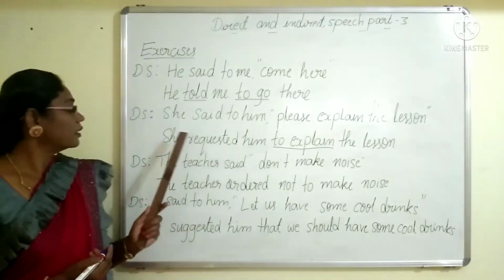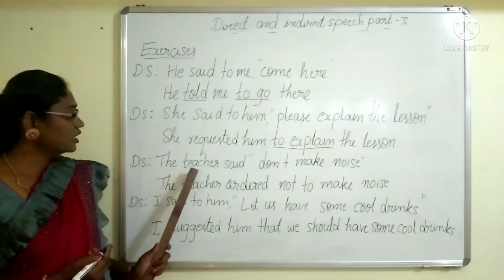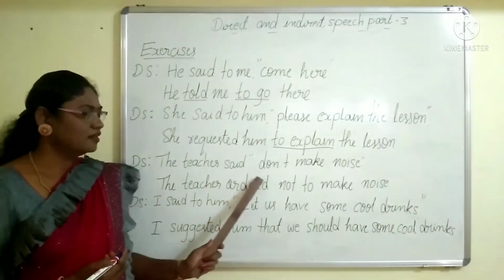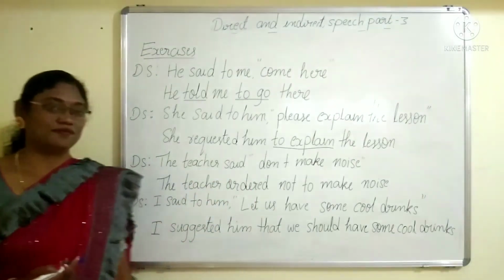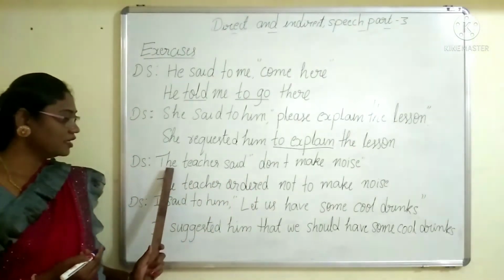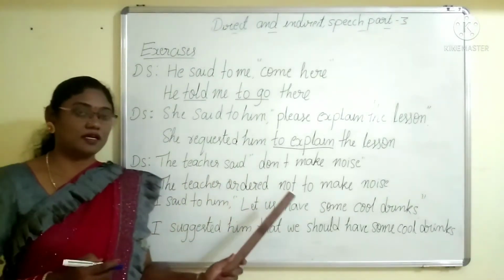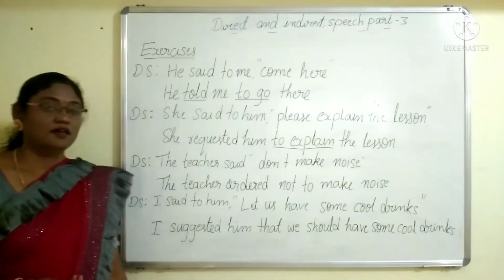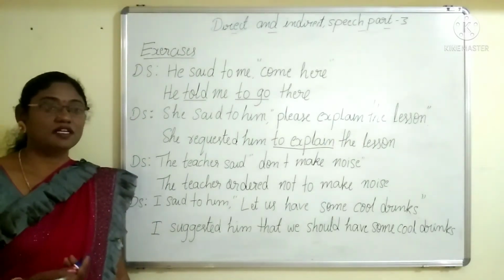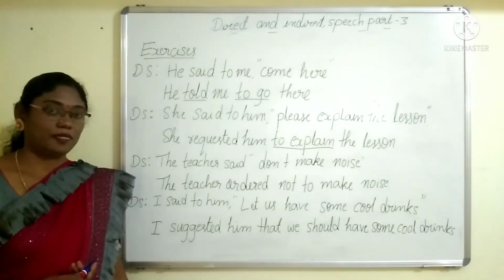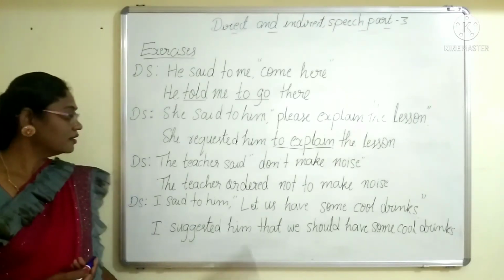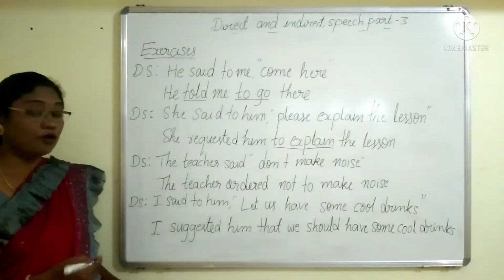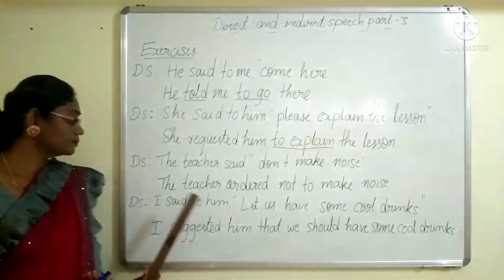Okay. Next, the teacher said, don't make noise. Okay, the teacher said, don't make noise. If the children are making noise in the class, what will the teacher do? Definitely she will order. Okay. Next, how to change this into indirect speech?